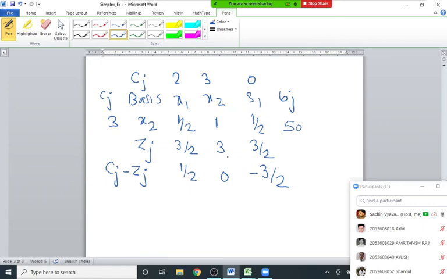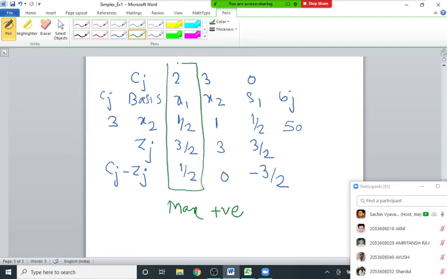So to get a better solution, we have to take the max positive as incoming, and in this case max positive is plus 1 by 2. So this variable should come into the basis. So this is the incoming variable. X1 is the incoming variable. So if X1 is incoming, another variable of the basis should go out. And for the basis, we calculate a ratio for the outgoing variable.